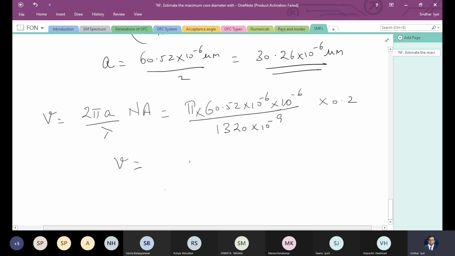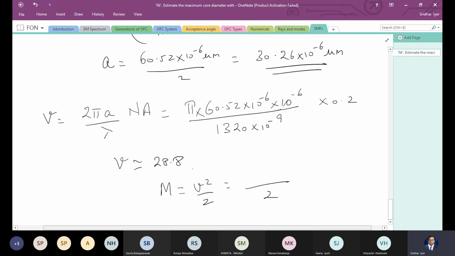And once I get the value of V, since it is a step index multimode fiber, M will be V square by 2, right? So let us see what value of V we get here. If I evaluate this, 10 raised to minus 9, you get approximately 28.8, right?